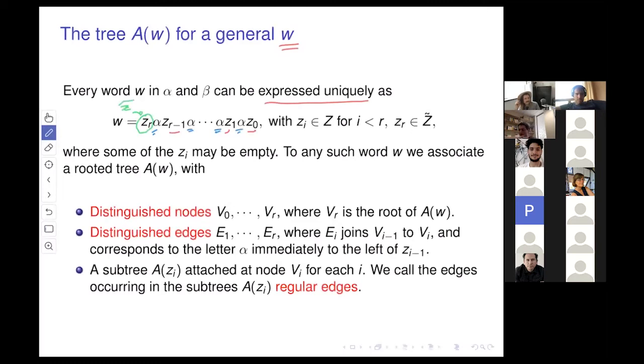You may end up with some extra betas that you're not able to match. Okay, so every word has such a unique decomposition.